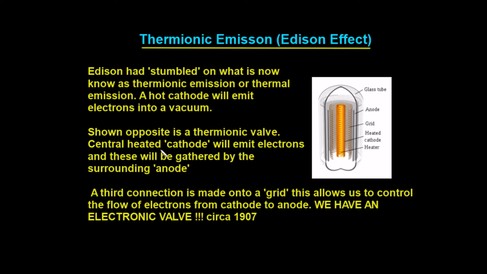We see the centrally heated cathode, and it will emit electrons, and these will be gathered by a surrounding anode. The third connection is made onto a grid. Now the grid allows us to control the flow of electrons from cathode to anode. So what we've created here is an electronic valve, and we're looking around about 1907.